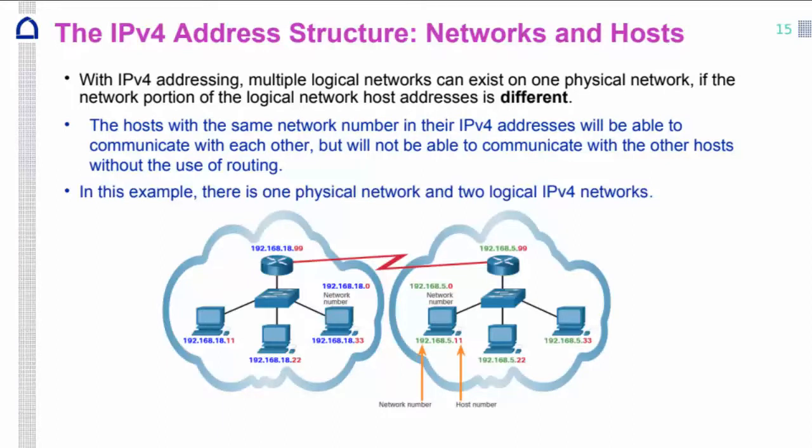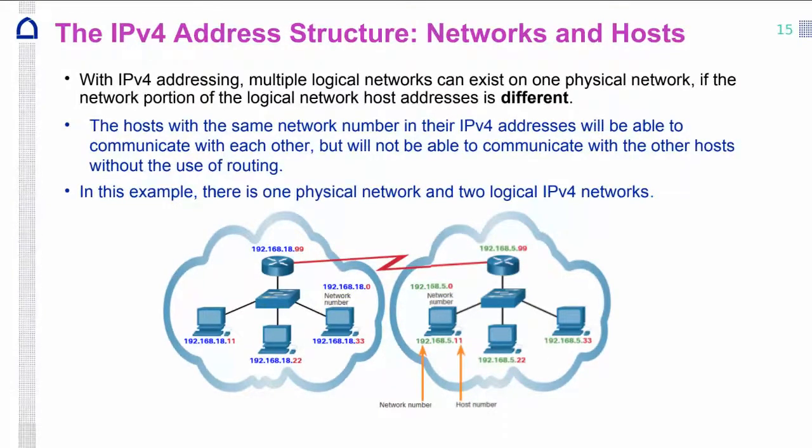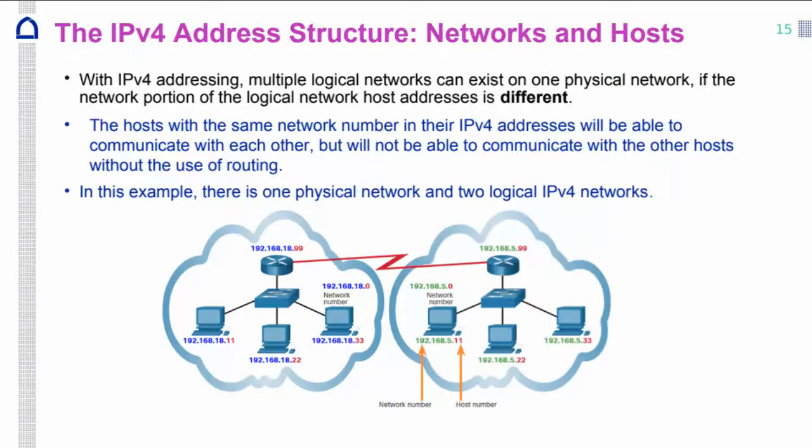With addressing IP version 4, multiple logical networks can exist on one physical network. I can have here in our building, we are in the same physical location, but I can have each room or each classroom with a different subnet, okay, or logical network.